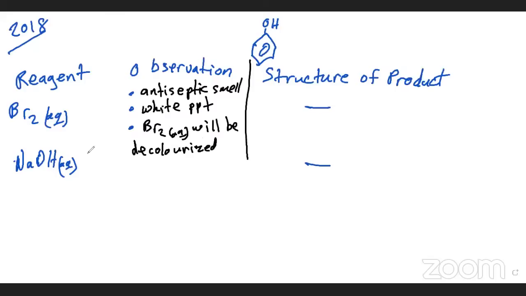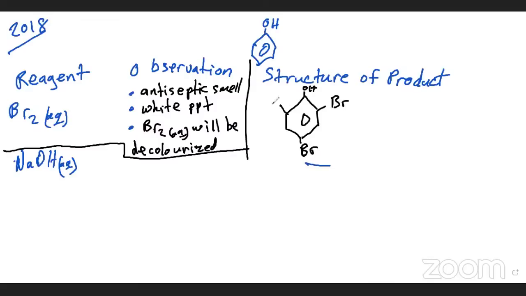In terms of structure, that would be the structure when bromine reacts with phenol: 2,4,6-tribromophenol. Wonderful.